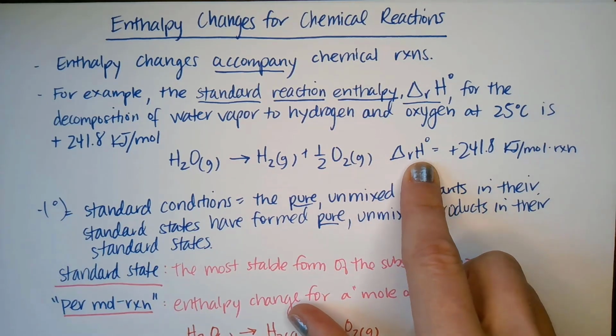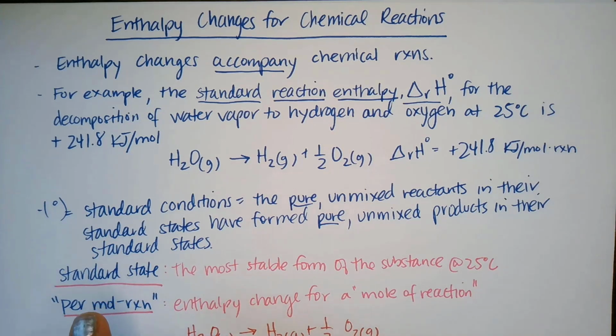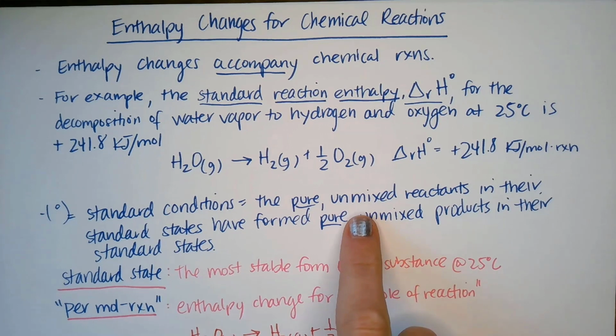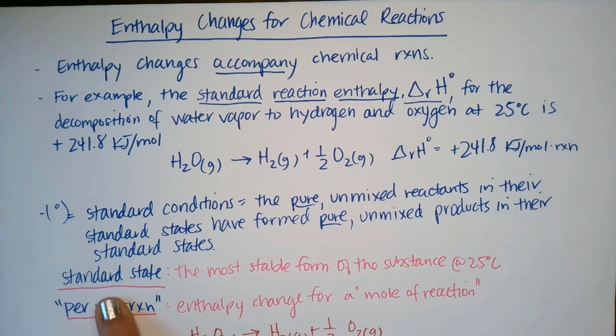There are several important things to know about what this delta rH naught means. This designation of delta rH naught as a standard enthalpy change, where the superscript 0, the degree sign, indicates standard conditions, means that pure unmixed reactants in their standard states have formed pure unmixed products in their standard states.